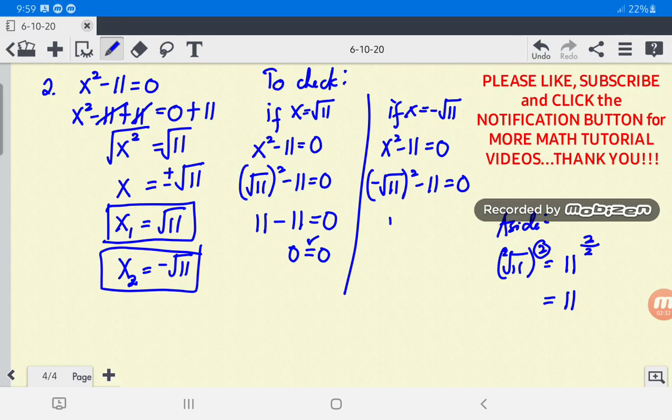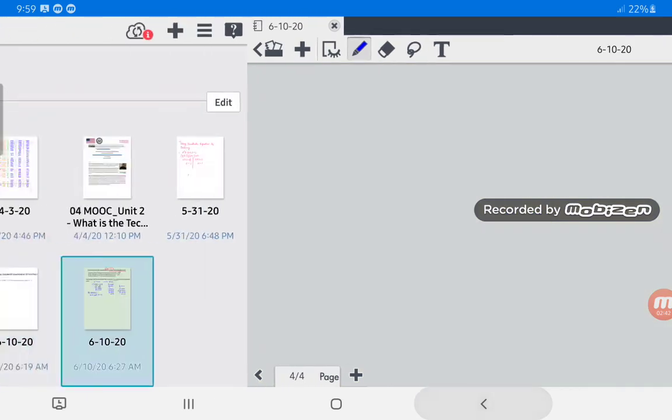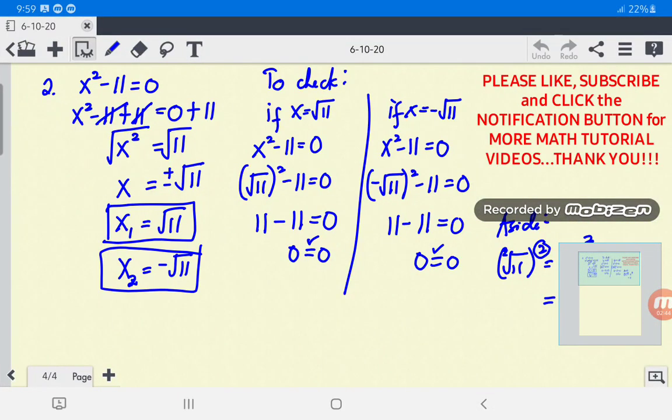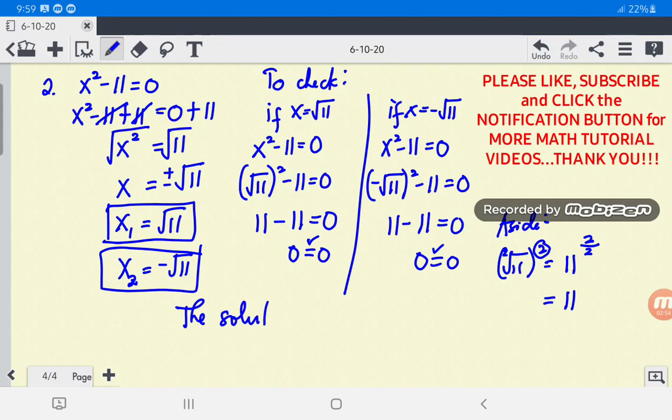Then square root of 11 squared is 11 only. Then minus 11 equals 0. Then 11 minus 11 is 0 equals 0. Check. Since both values of x satisfy the given equation, the solutions are positive and negative square root of 11.